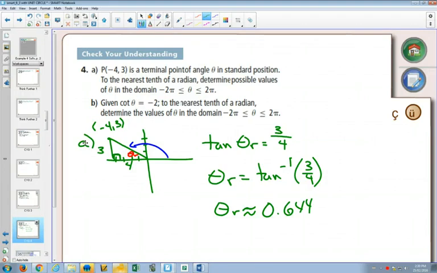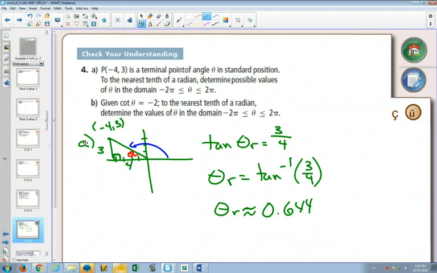So there we have an angle in radians. If we know that 1 radian is about 57 degrees, 0.644 is less than 1, we might think this might be around 32, 33, something like that. As an idea, we could check it with our calculator to find out exactly how many degrees it is.